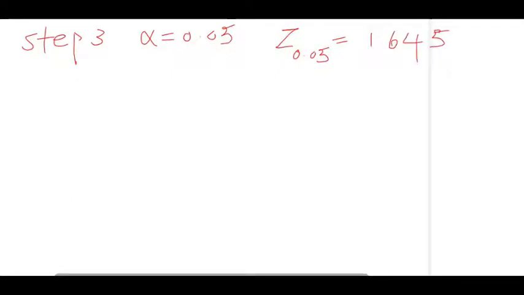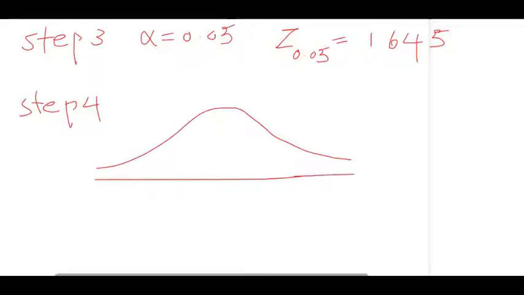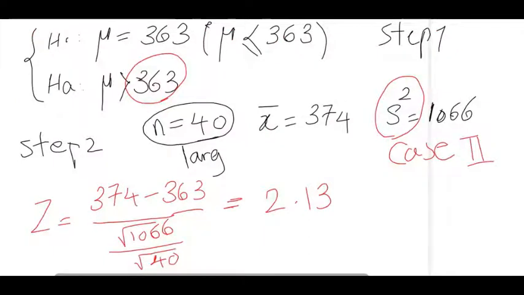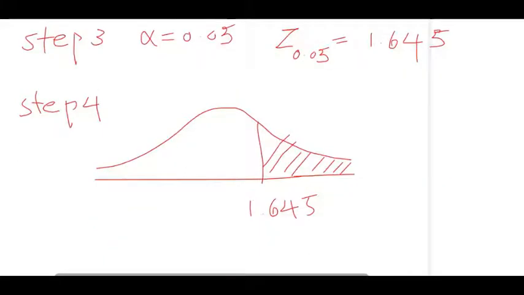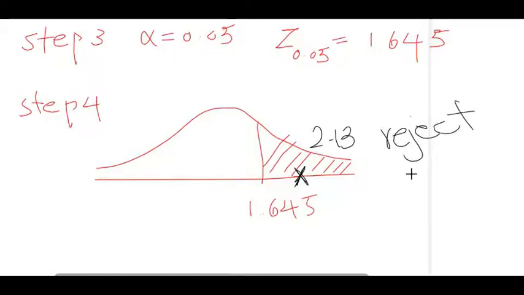So in step 4, the rejection region for the right tail test is here, and the test statistic is 2.30. 2.30 is here, so the final decision is reject H0.